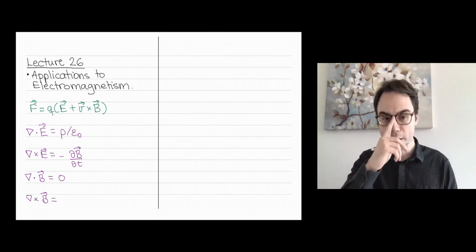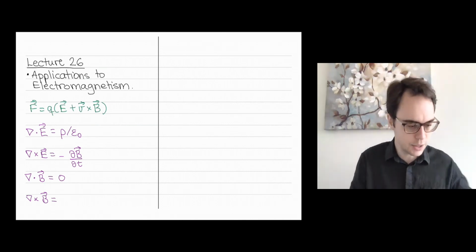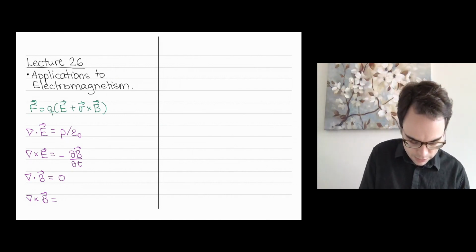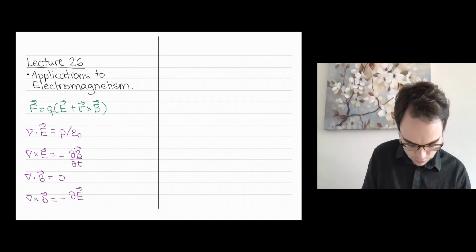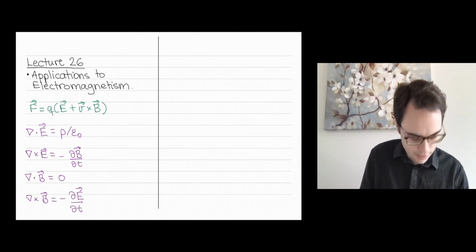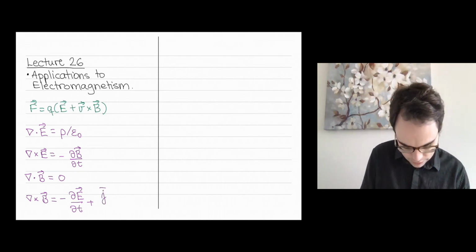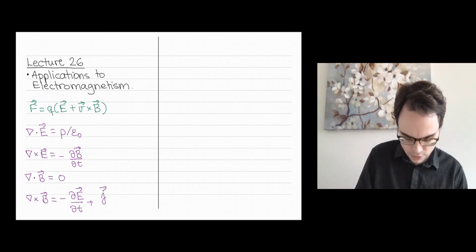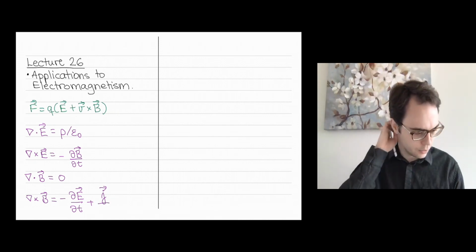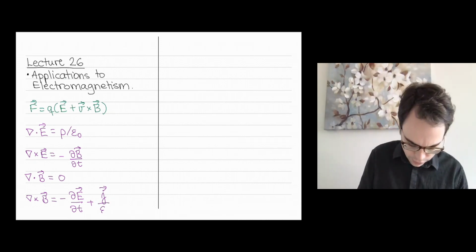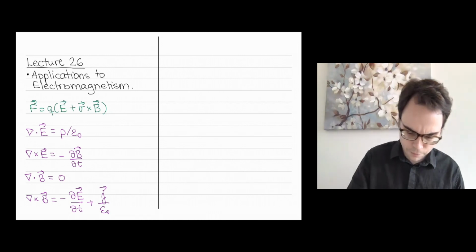And the fourth tells us that the curl of the magnetic field is minus dE/dt, minus the rate of change of E with time, plus the current density. This is like charge density, but you take their speed into consideration, divided by epsilon 0.